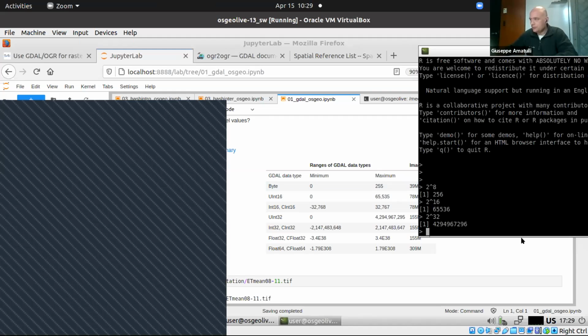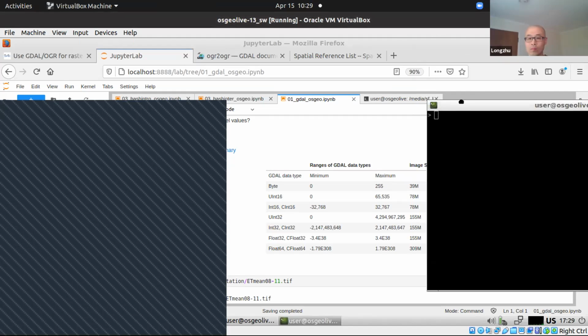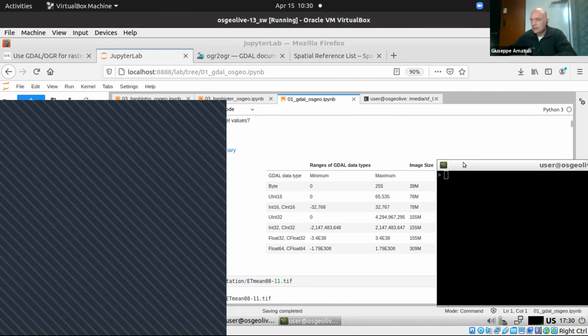Let me go on sharing again. For closing, I want to stress a bit: these numbers are very important to understand. Let's try to summarize where these numbers come from. Anyone can help me? Where does the 255 come from? 2 to the power of 8.